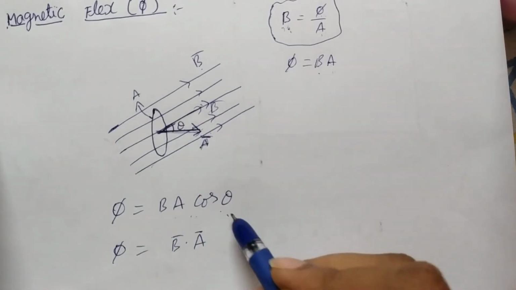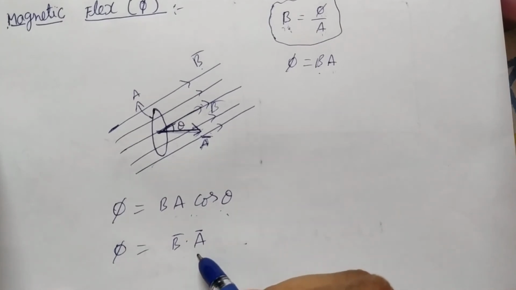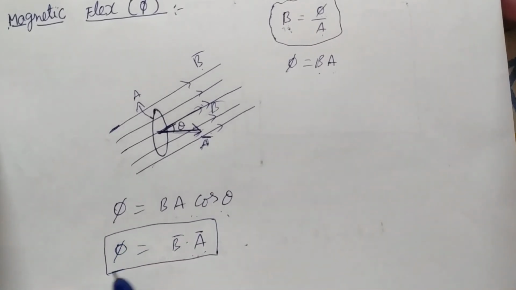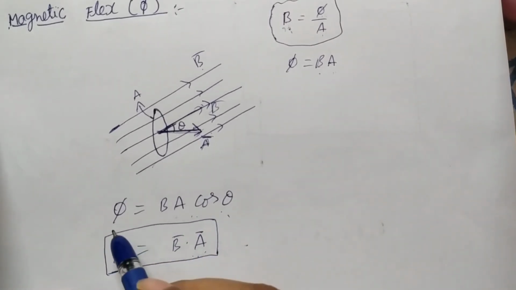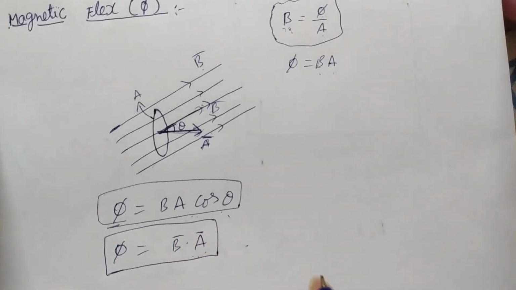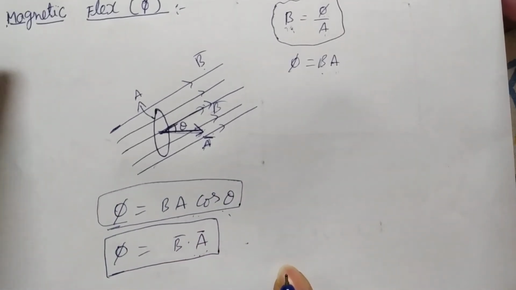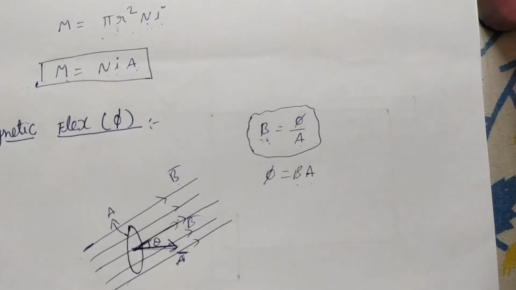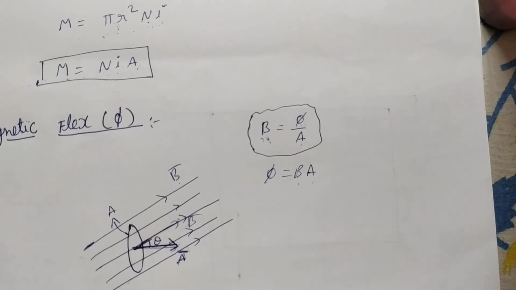So AB cos theta means what do you get? A bar dot B bar. Similarly here we get B bar dot A bar. So magnetic flux passing through a closed surface, how can we calculate? That is B bar dot A bar. If you know the alignment also, you can use BA cos theta. Here an important point: magnetic field induction can also be called magnetic flux density.